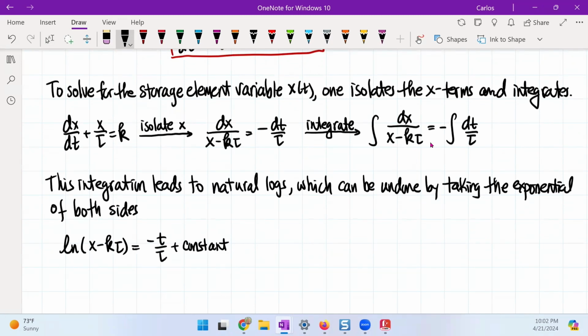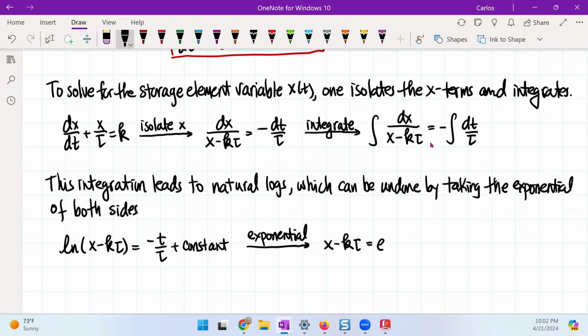So the next thing that I have to do is take the exponential so that I could solve for x. So I'm going to take the exponential of both sides. And when I do that, I'm going to get x minus k tau. And if I take the exponential of two functions, it's the product of the two.